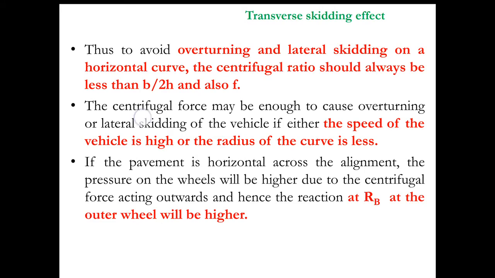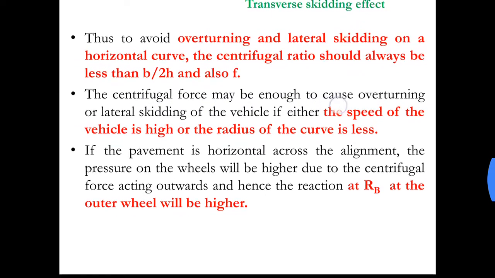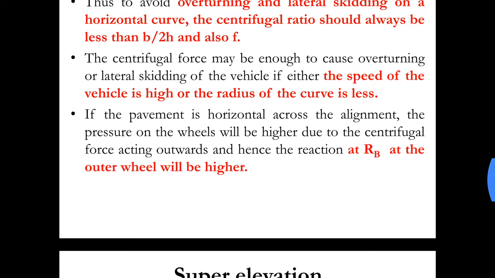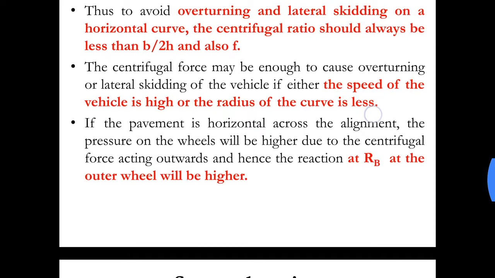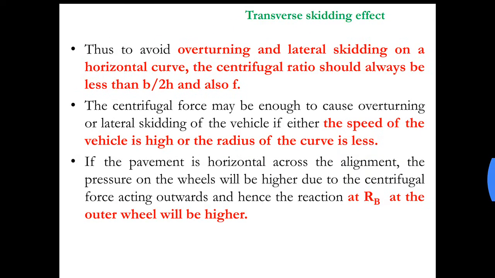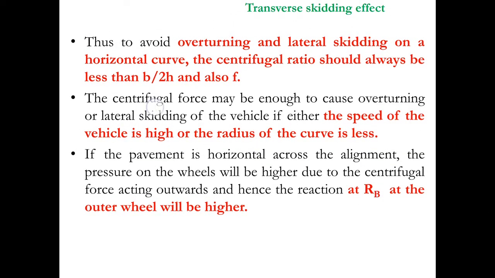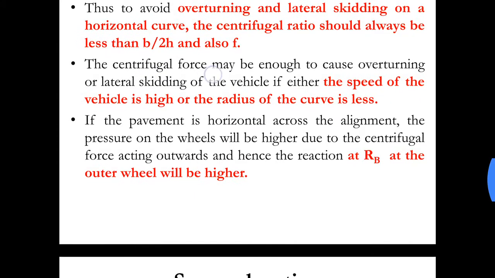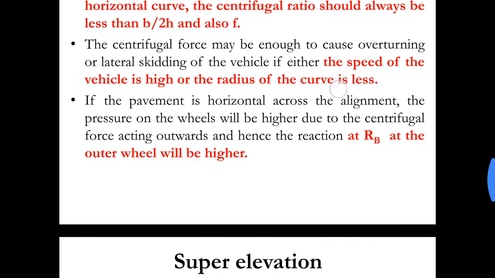The centrifugal ratio may be enough to cause overturning or lateral skidding of the vehicle if either the speed of the vehicle is high or the radius of the curve is less. I had discussed earlier that the centrifugal force would increase if the speed is high, and it would also increase if the radius is less.